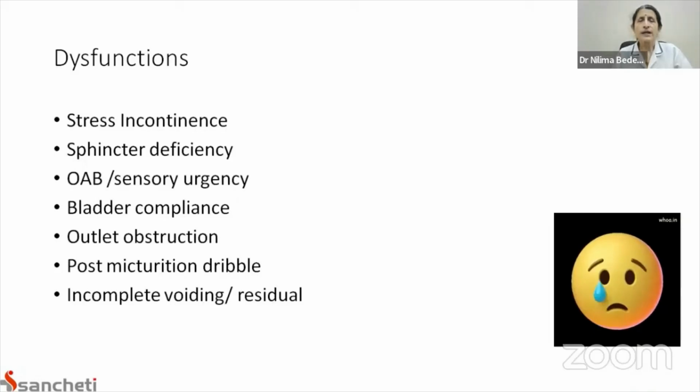Now the last two are slightly not part of the lower urinary tract itself, but could be other areas which compress the lower urinary tract, which leads to post-micturition dribble and incomplete voiding. So that is very important for us to understand.